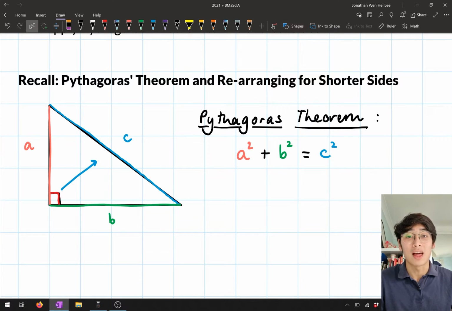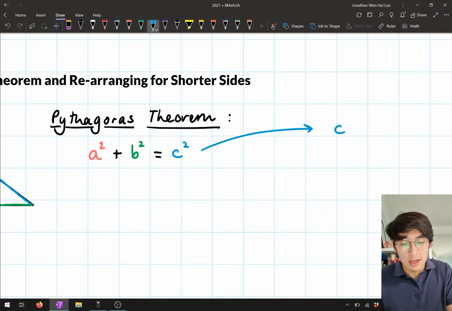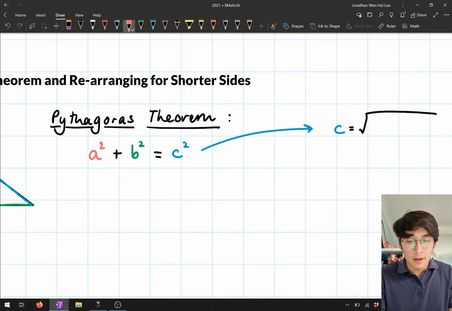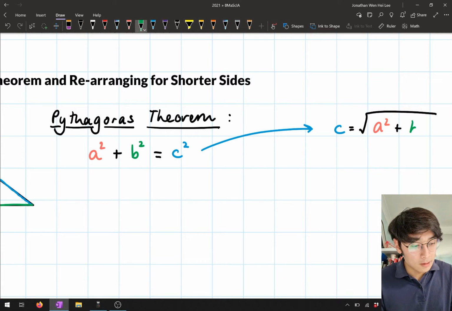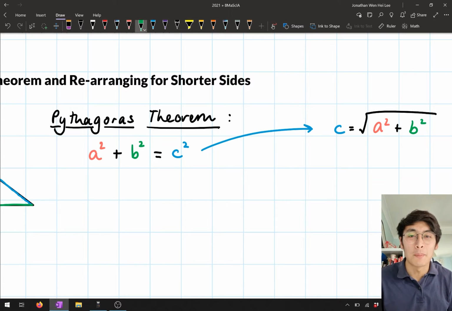If you remember from the last lesson, we used this to find the length of the hypotenuse, when we said c is equal to the square root of a squared plus b squared. And so we were able to find the lengths of our missing hypotenuses.